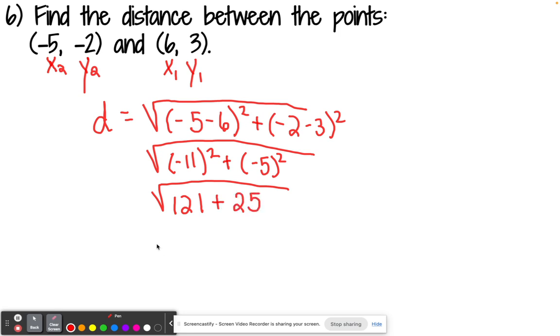So the distance between these 2 points is going to be the square root of 146, which is approximately a little bit more than 12, 12.08 approximately.